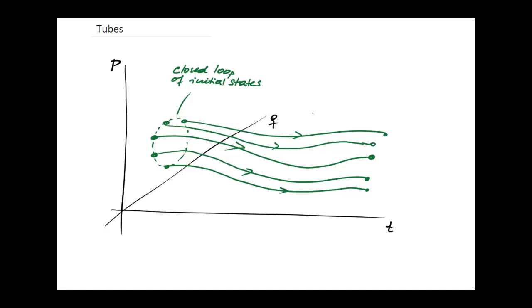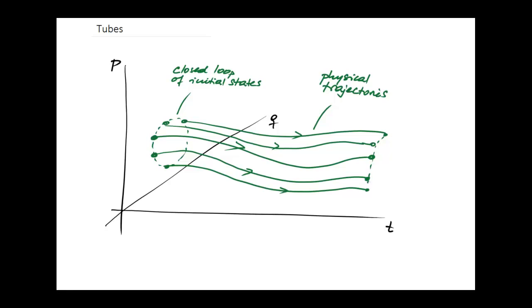So these are all physical trajectories. After some time t, these initial states will all have evolved into certain final states. And the final states will also lie on a loop.